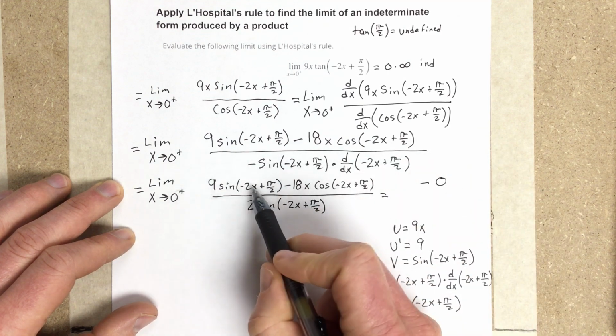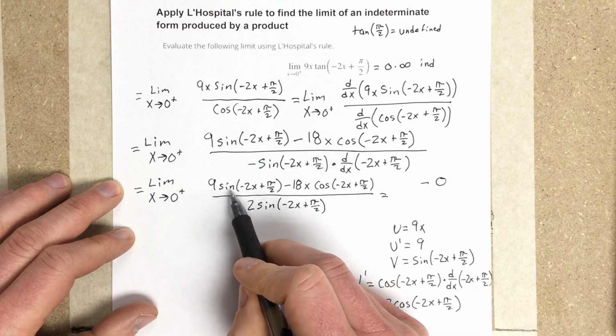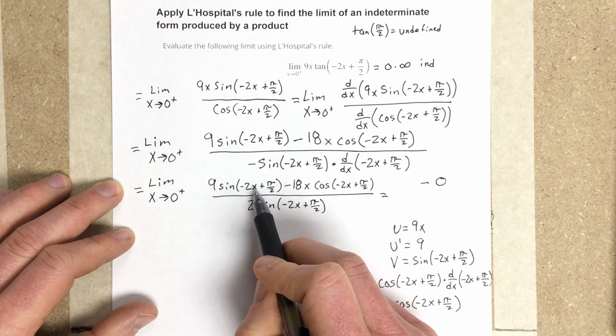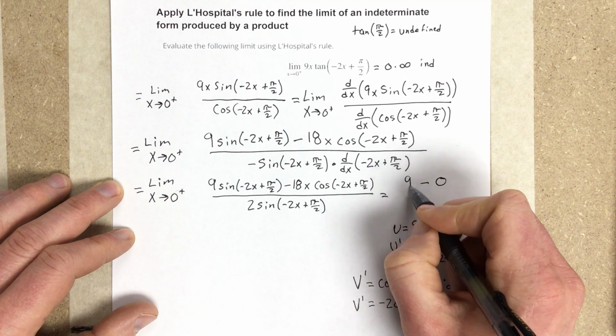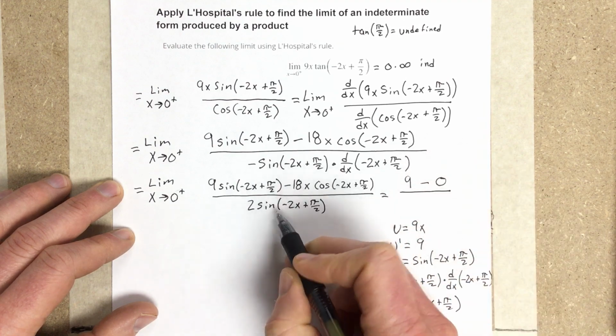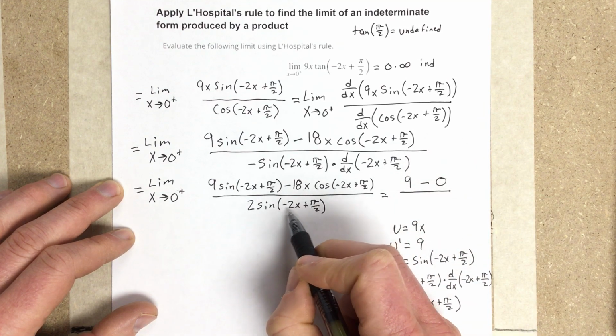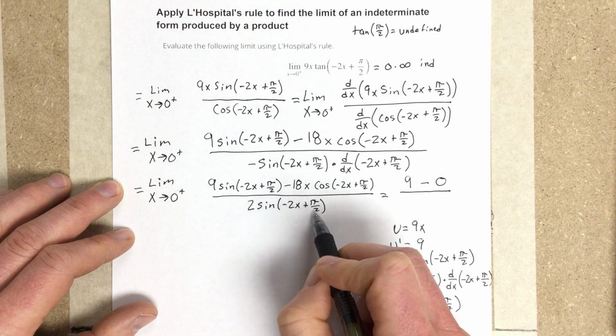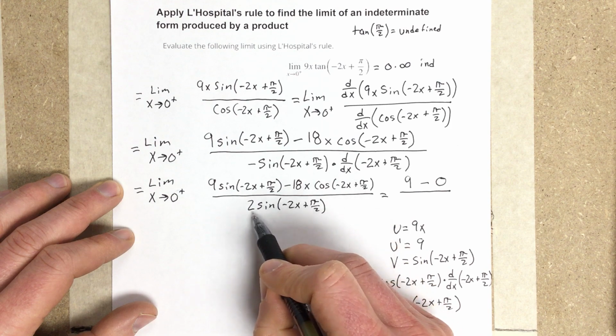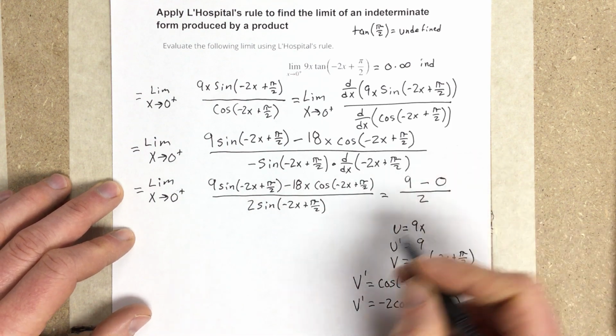If I plug 0 into sine, I get sine of pi over 2. Sine of pi over 2 is 1, so I end up with 1 times 9, which is 9, over, on the bottom, again sine of pi over 2, because this will cancel when I plug 0 in. So sine of pi over 2 is 1, times 2 is 2. So I end up with 9 halves.